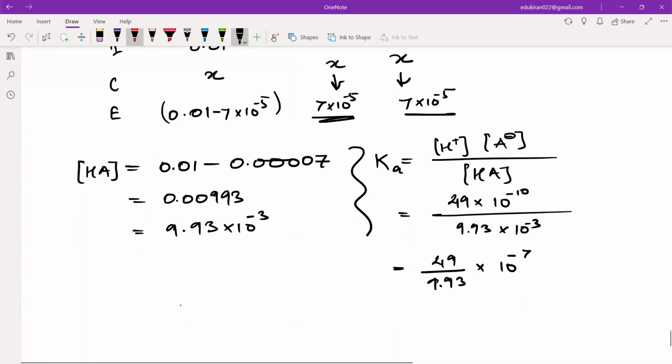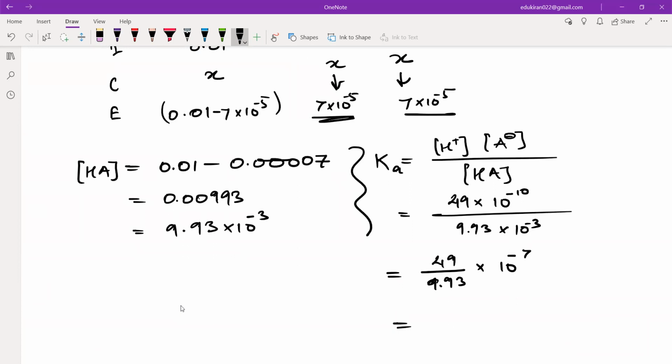Yes, guys. So you can approximate here. You can write this 9.93 as 10. If you're increasing a bit of quantity here, you can also increase here.